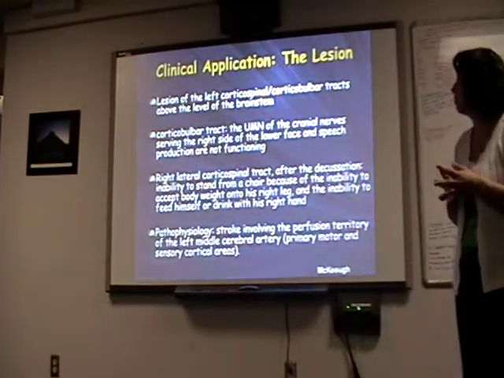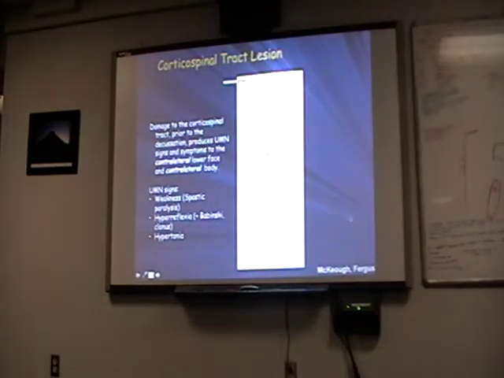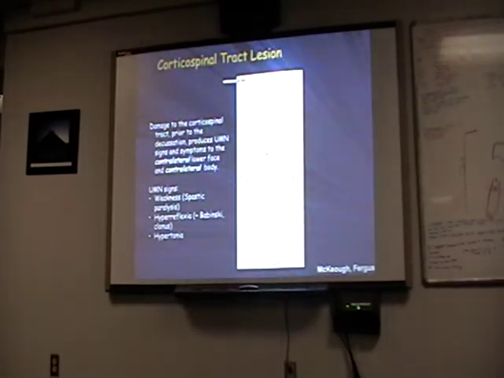The right lateral corticospinal tract after the decussation is why he can't stand from the chair, for the right lower extremity. And then also the right upper extremity because of the corticospinal tract as well. So, is this a pyramidal lesion or an extrapyramidal lesion? Does it involve the pyramidal tract, aka corticospinal?